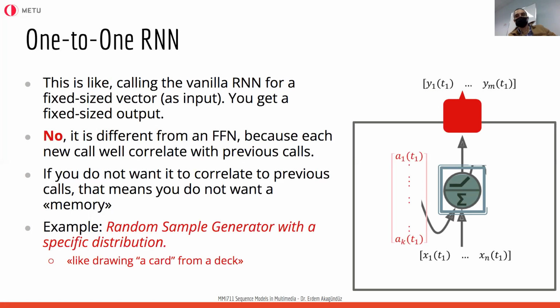Although the generated samples, the outputs, are different, the sample generator needs to correlate itself to its previous calls, like drawing a card from a deck. When you draw a card from a deck, next time you draw another card, you expect that you do not draw the same card. If this was an FNN, there was a chance that you would draw the same card. However, this should be an RNN if you don't want to draw the same card. So if you need it to work like a card drawing example, it's going to be a one-to-one RNN.